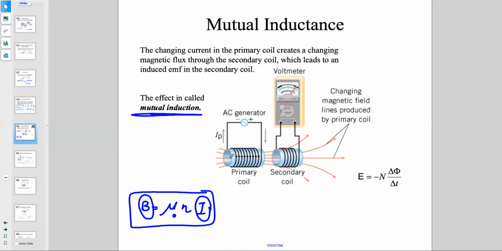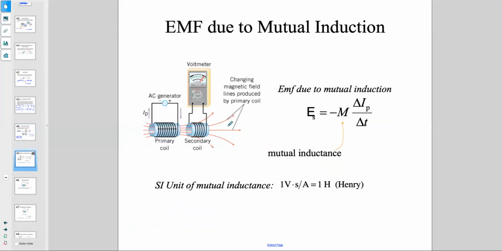A change in one coil or one solenoid will cause a change of the current in the secondary one. Now, remember this formula, E equals negative N delta phi over delta T. For mutual induction, we'll have E equals negative M delta I over delta T. This M is mutual inductance.